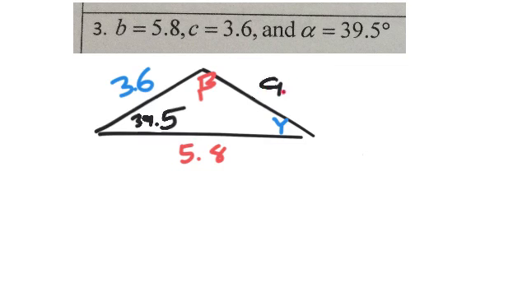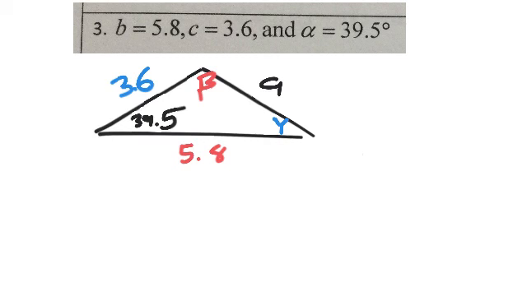So now I have to use this as my unknown side when I use the law of cosines, because I cannot use the law of sines because I do not have a pair that matches. I'm missing one from every pair. So I'm going to use the law of cosines with this known angle. So that means this is my isolated side.